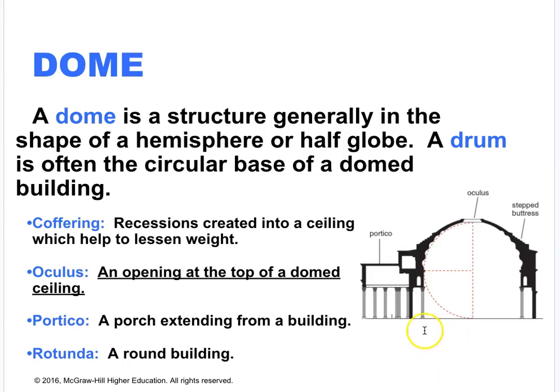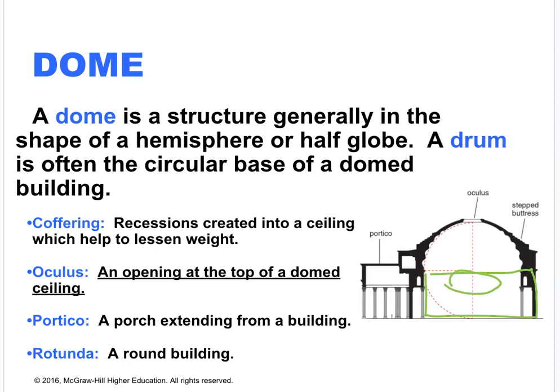So here's the basic parts. When it says a drum base, that's talking about this here at the bottom. It's round, and so it would go around in a circle, but it's kind of like a cylinder, like a drum.